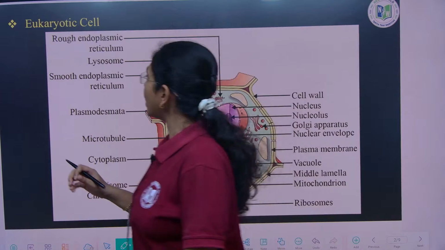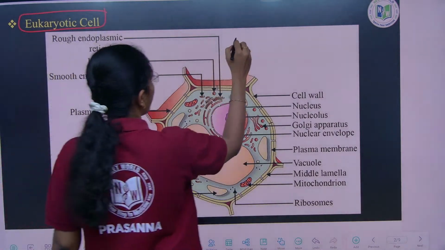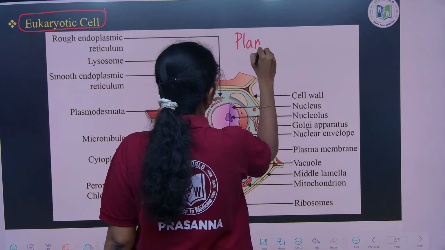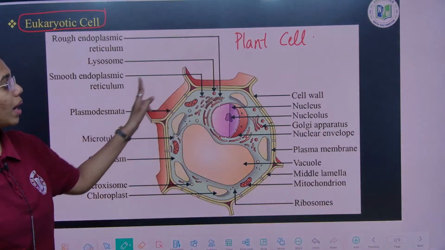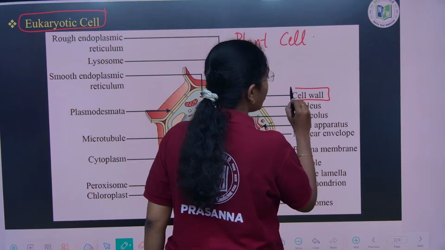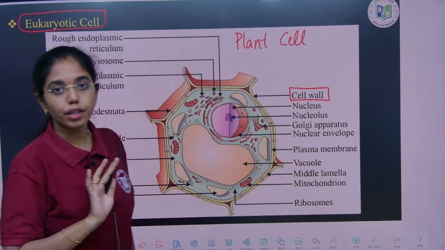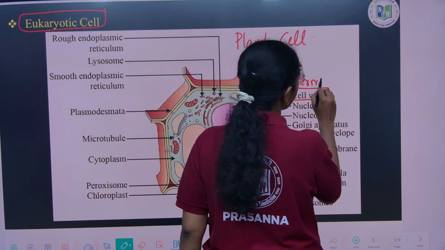Okay. So, first, if we have to start with a plant cell. We have discussed that the limiting boundary of a plant cell is the cell wall. Cell wall is freely permeable, it is not impermeable.